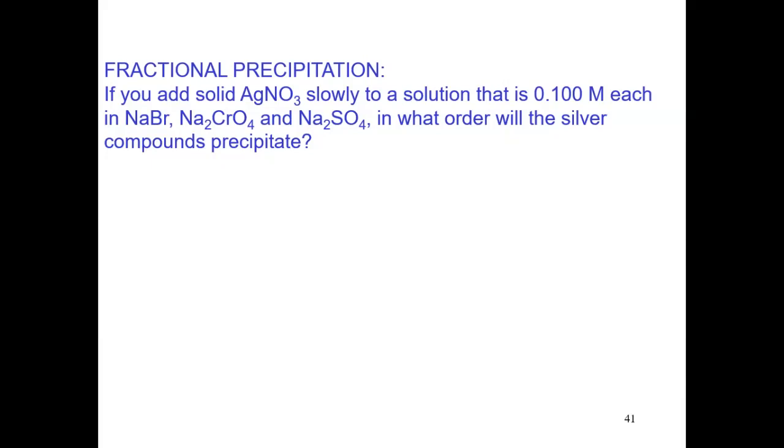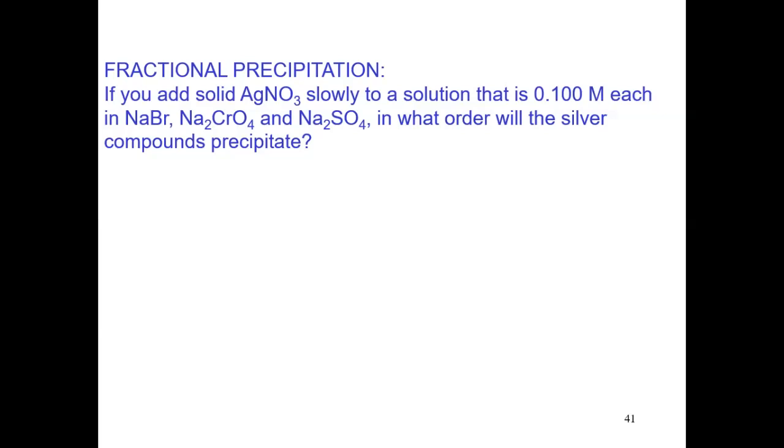All three of them should be soluble, perfectly soluble. But when I add silver nitrate, the silver bromide, the silver chromate, the silver sulfate compounds that could form from the exchange of ions are insoluble. So the question is, since we're adding the silver nitrate very slowly, essentially you're asking which of these compounds will precipitate at the smallest possible molarity.